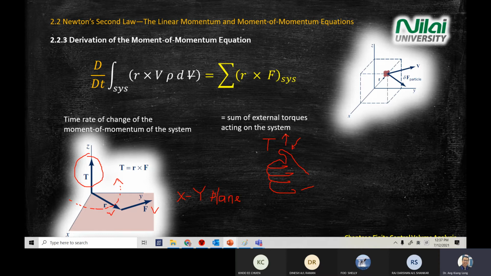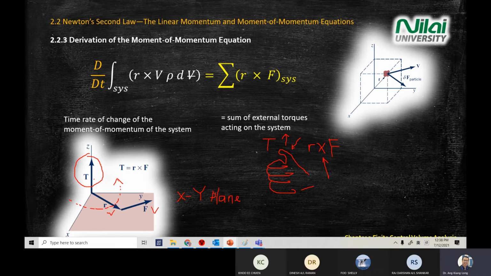And the direction is under the action of R cross F. It only happens when you have a cross product, then there is a direction of the cross product. In this case, R cross F will give you torque. This explains this diagram.